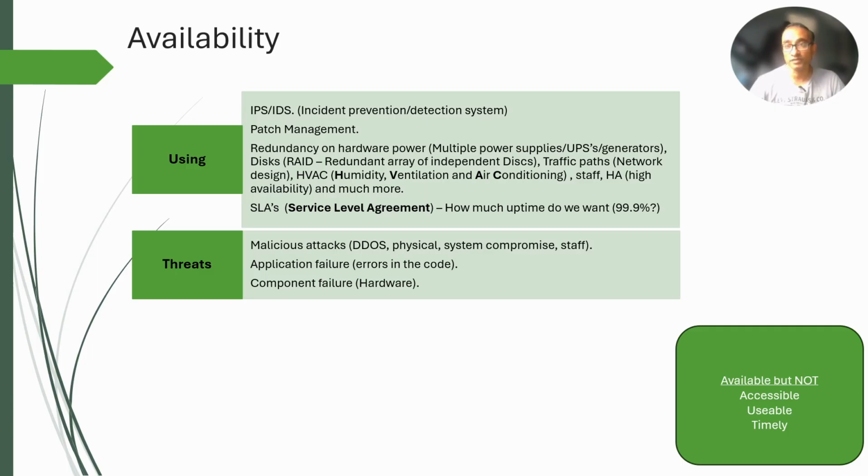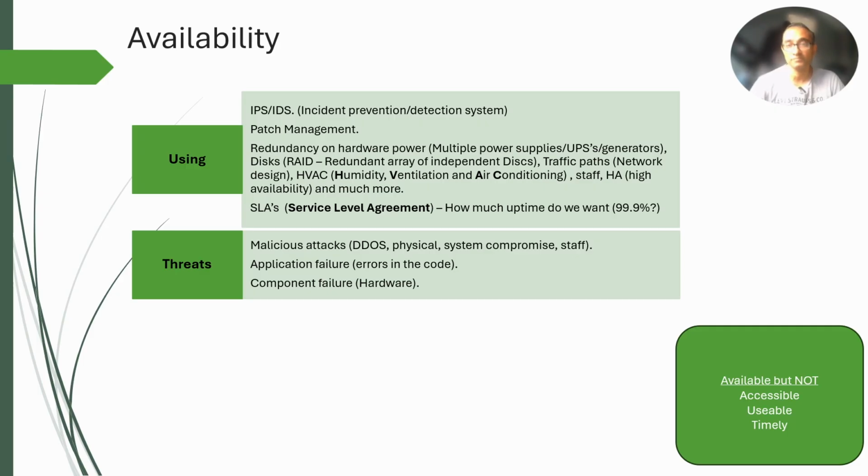System availability is also impacted by core application failure or component failure. For example, a hard drive or memory disk failure or a data center cable failure may lead to the unavailability of your system.